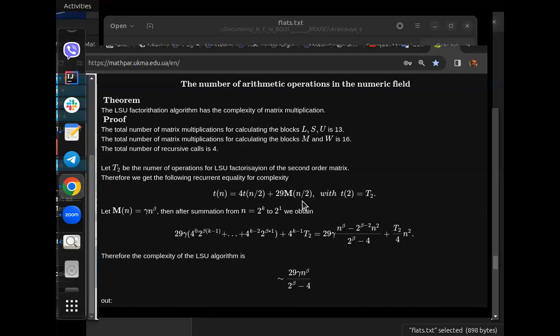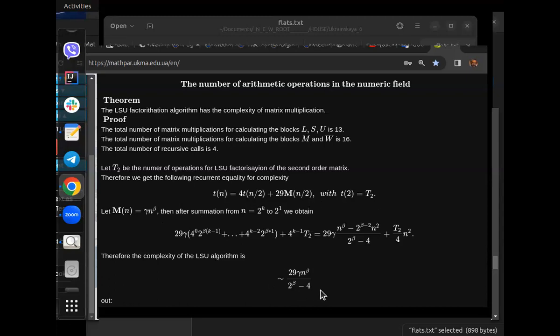What size? Size of n divided by 2. So we can easily add the number of operations at each step. This is very easy to compute, such geometric progressions, and obtain such a result.